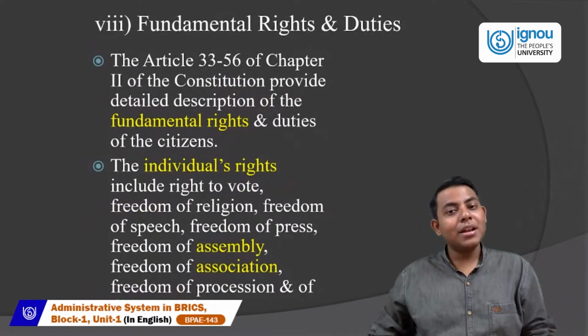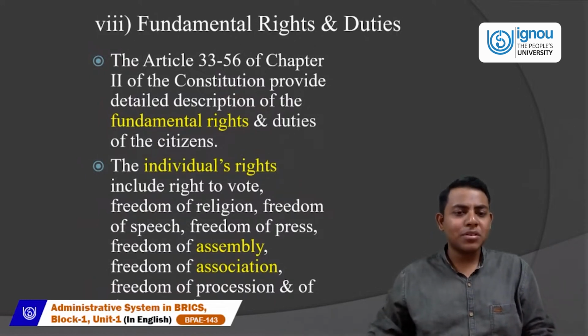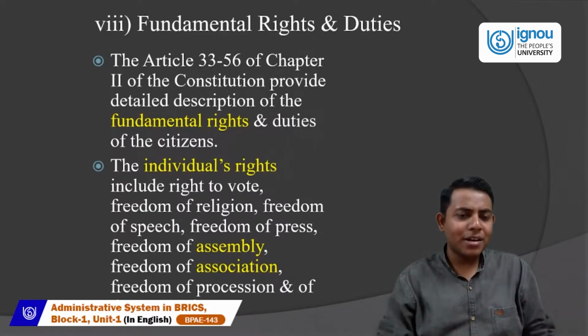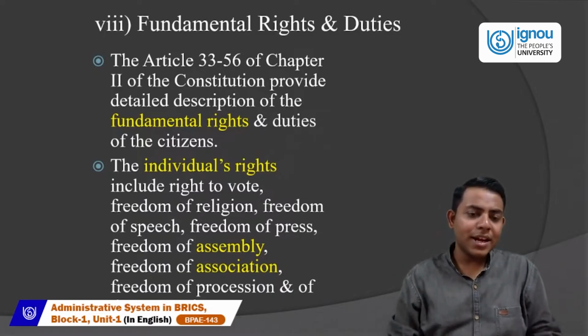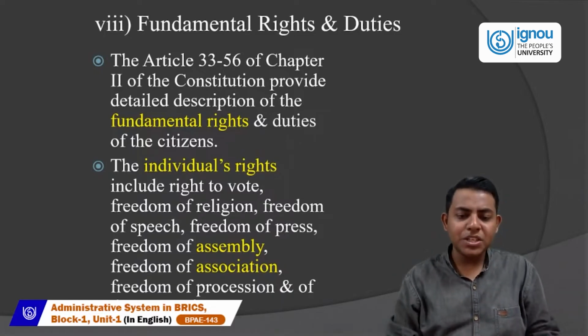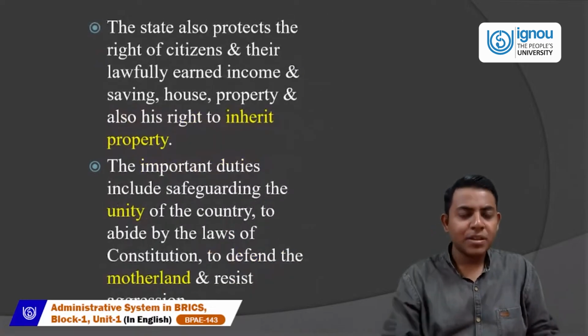There are fundamental rights and duties also mentioned in the Chinese Constitution. Articles 33 to 56 of the second chapter of the Constitution provide a detailed description of the fundamental rights and duties of the citizens of China. The individual's rights include the right to vote, freedom of religion, freedom of speech, freedom of press, freedom of assembly, and freedom of association, as well as freedom of procession and demonstration.